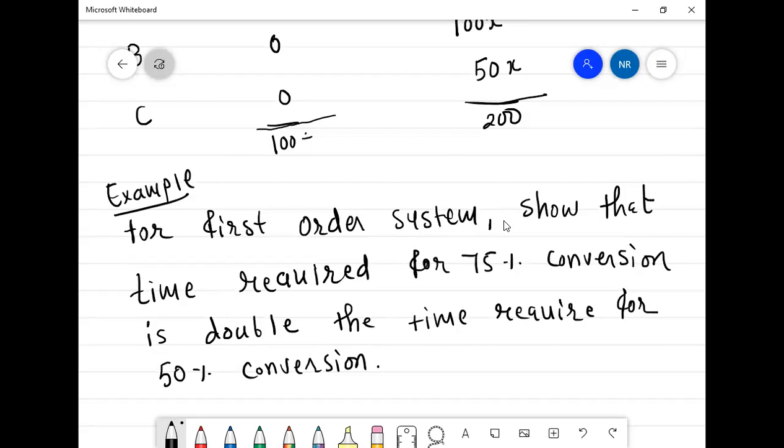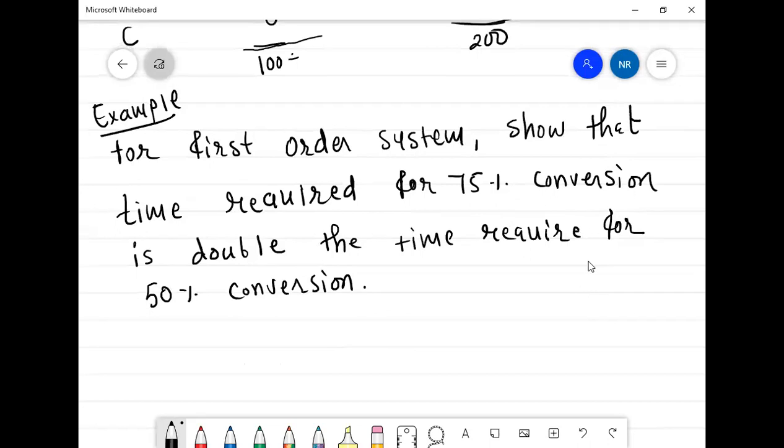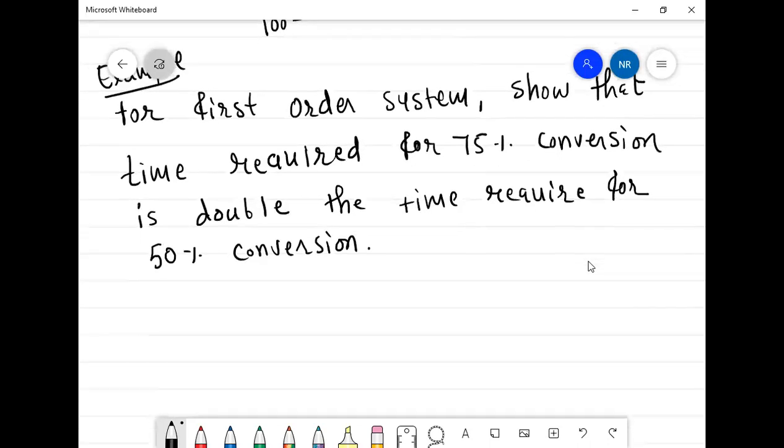There are many ways to define this. Whatever your convenience, you can do it. So let's show the time required for the 75% conversion. For first order reactions, can you tell me the equation?